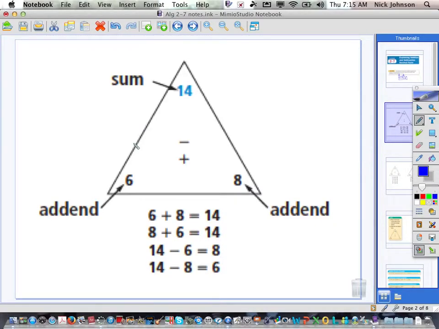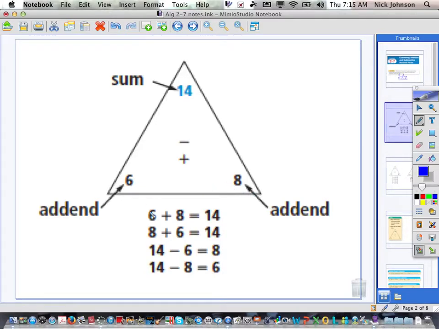The book gives us this great triangle, okay? If you know that two addends, those are the numbers that are added together, are equal to a sum, okay, a sum minus an addend will give you the other addend.